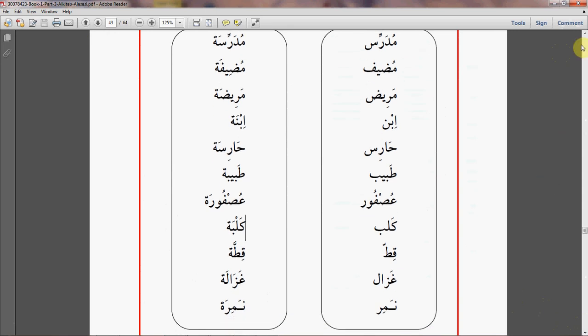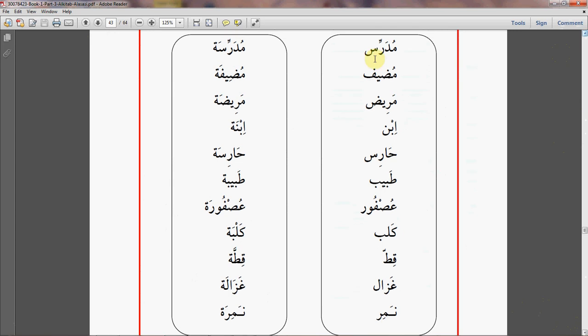So quick translation to this: مدرس teacher, مضيف waiter, مريض patient, ابن son, حارس guard, طبيب doctor, عصفور sparrow, كلب dog, قط cat, غزال gazelle, نمر tiger.